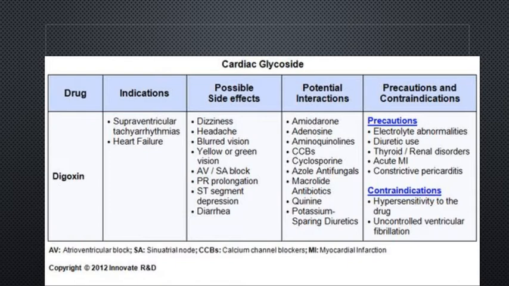How it helps is it inhibits the sodium and potassium pump, which suppresses AV node conduction. It also increases the force of heart contraction, and that's why it's helpful in heart failure. It does have an antidote, and that antidote is called Digibind.